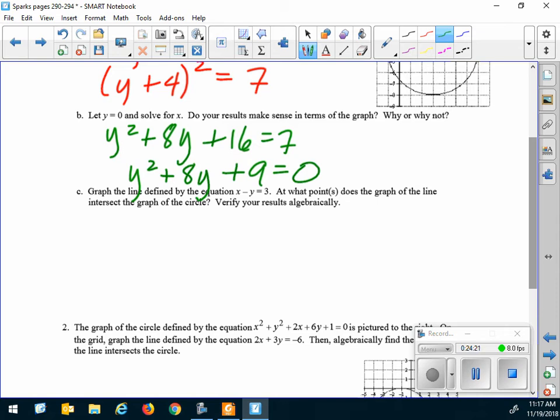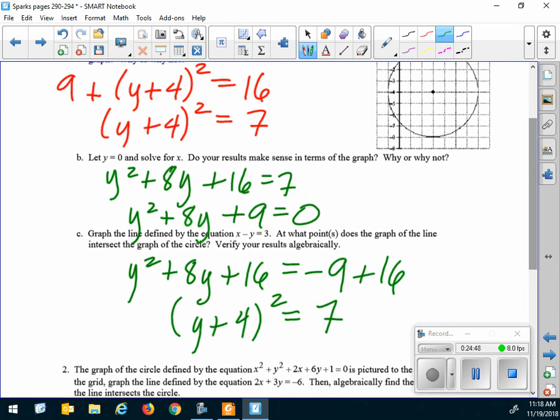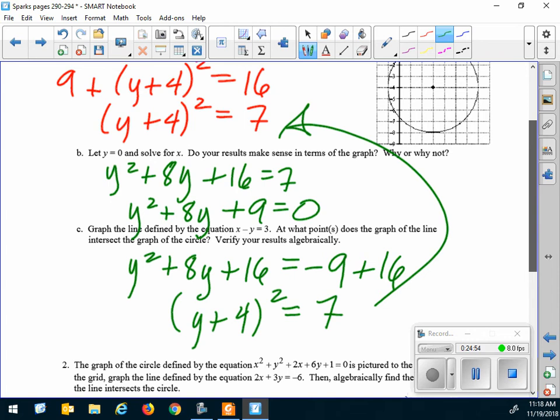If it was minus 9, it would. Quadratic formula or complete the square. Complete the square. Y squared plus 8y equals negative 9, plus 16. Y plus 4, quantity squared equals 7. I think I've seen that before. I'm just reminding you that there's more than one way to do the problem.